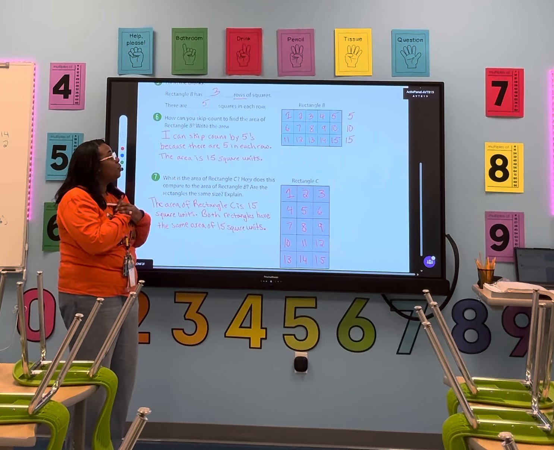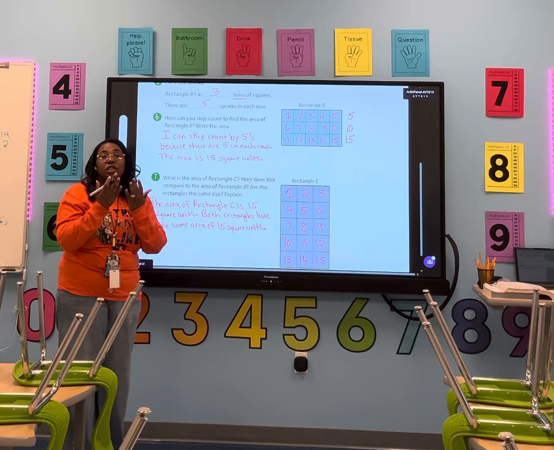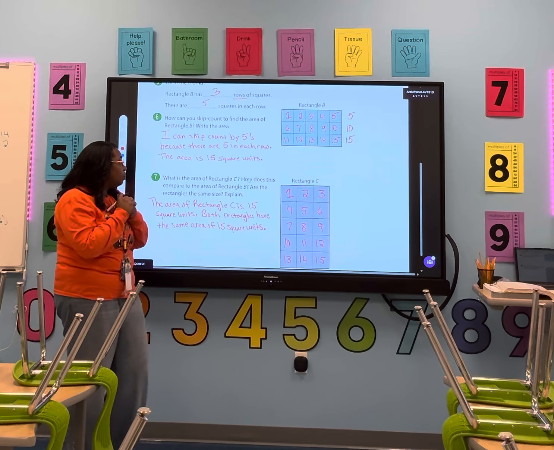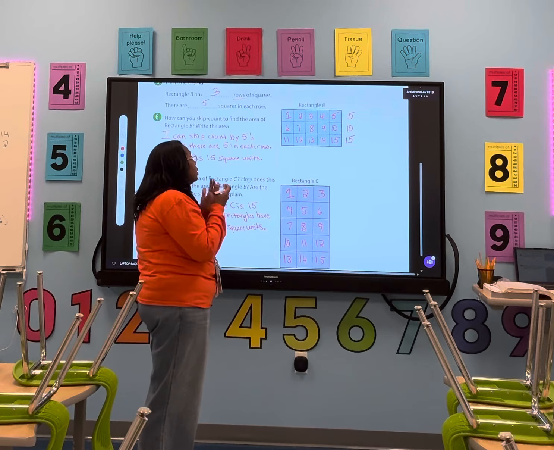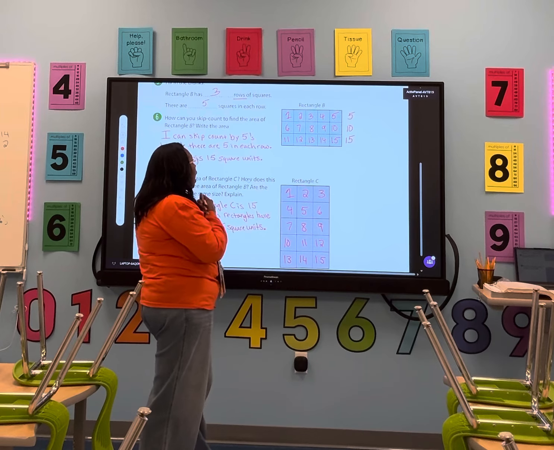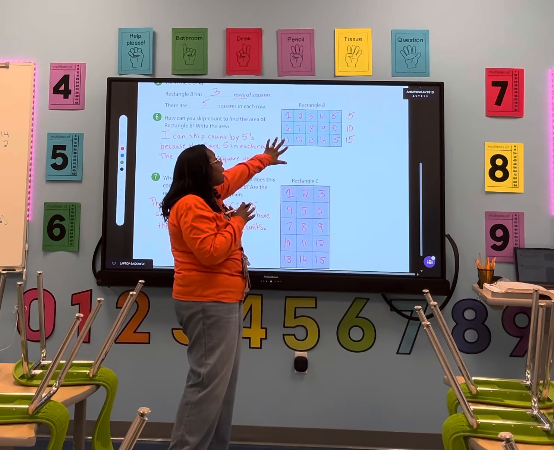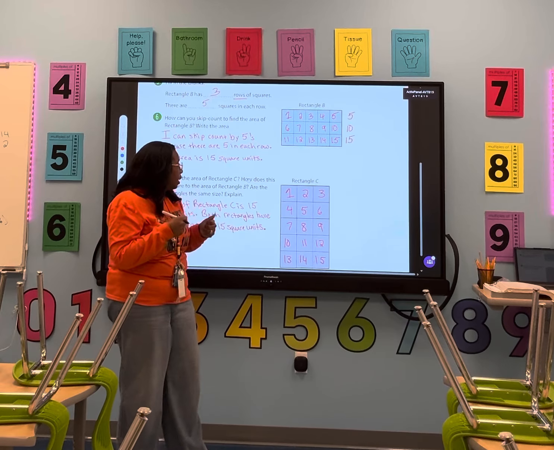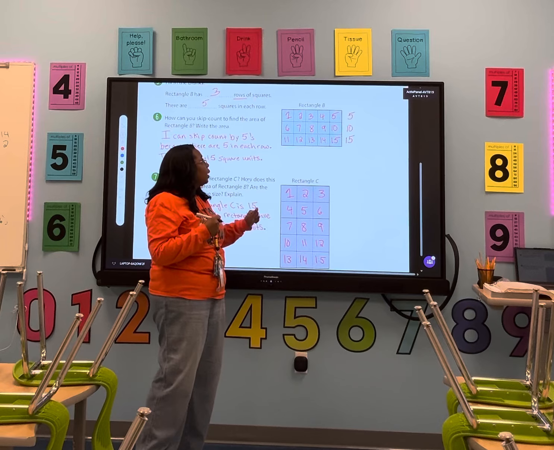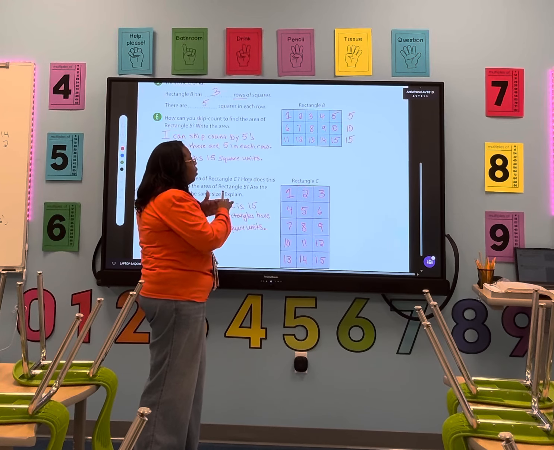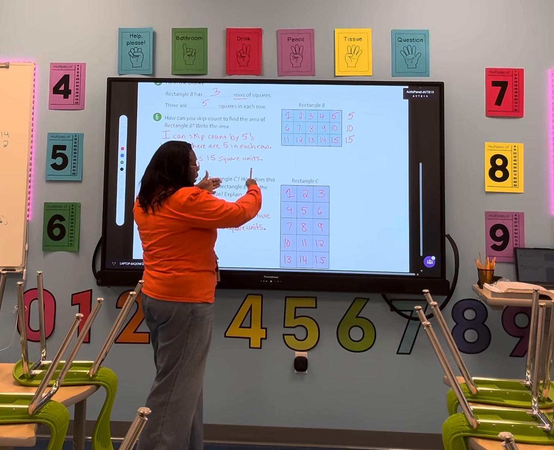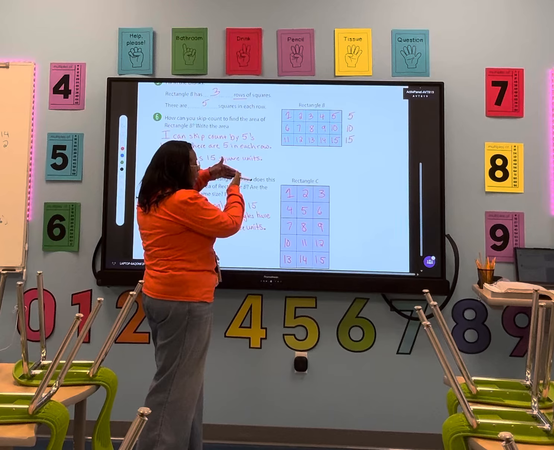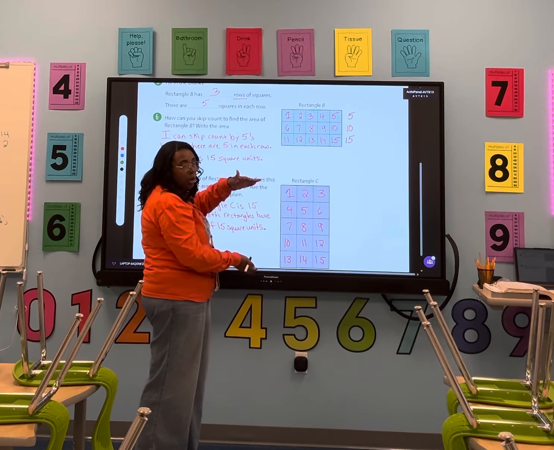Okay, so now we're looking at things, how they look visually to us. When Ms. Newman looks at this visually, I can see automatically that rectangle B looks a little bit smaller than rectangle C. Rectangle B is going this way, but rectangle C looks like it's coming down further.